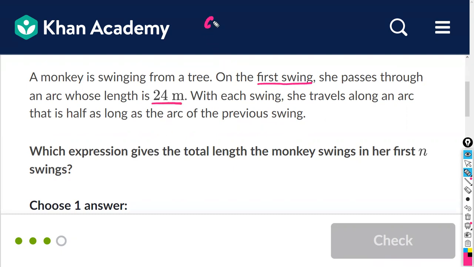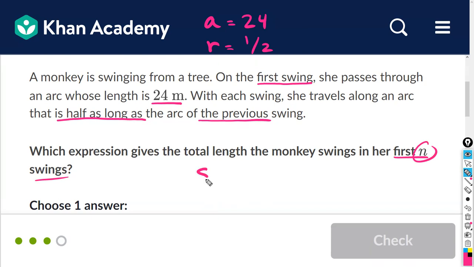So the first term A is going to be 24. And with each swing, she travels along an arc that is half as long as the previous swing. So each time we're going to be multiplying by 1/2. So R is just a half, and they did not give us the number of swings. So N is just going to stay as N.